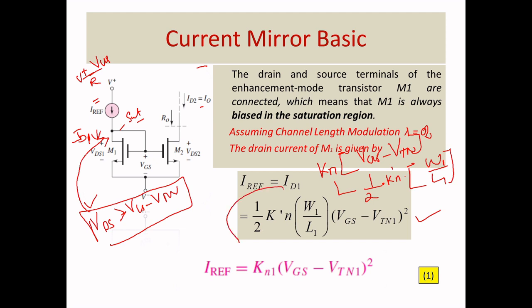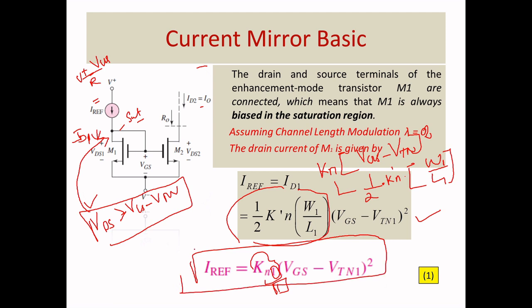So this whole term can be written as Kn1. This 1 represents that this is for transistor 1. So this is the reference current equation. I hope you understood.